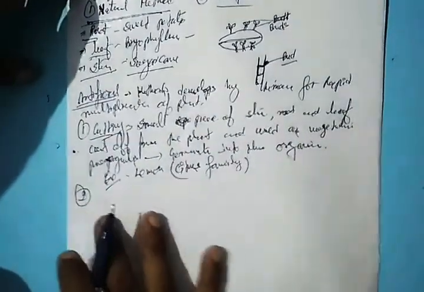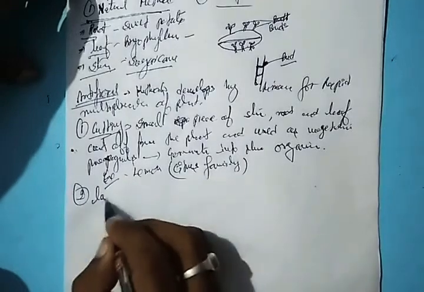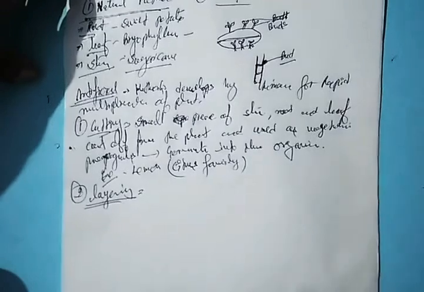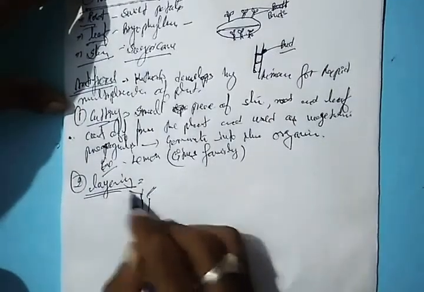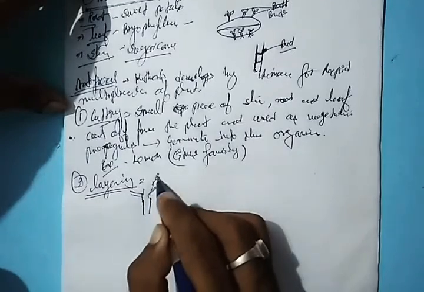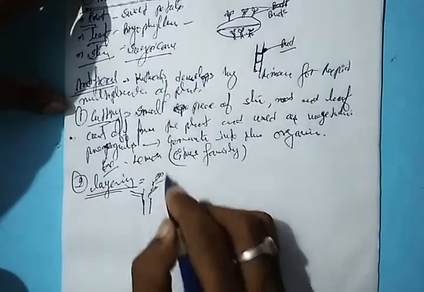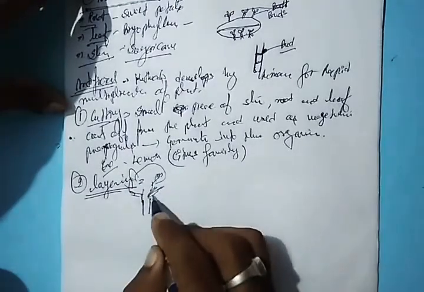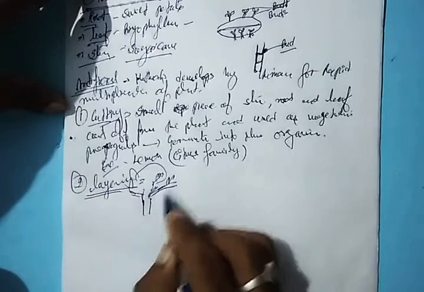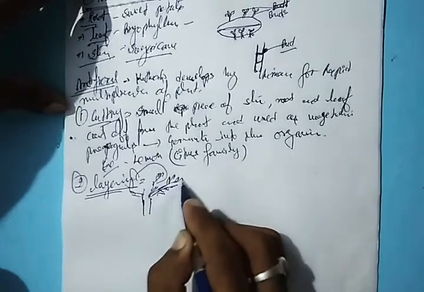Okay, the next method is layering. In this process we take a branch of a plant.